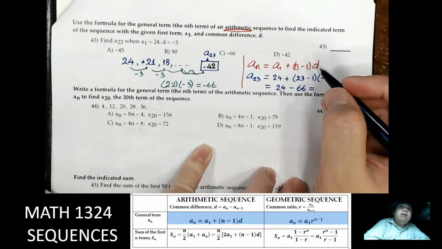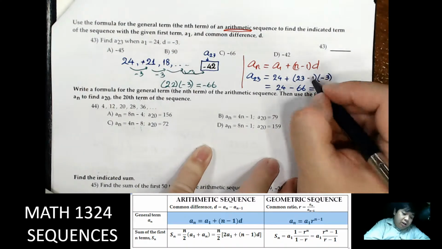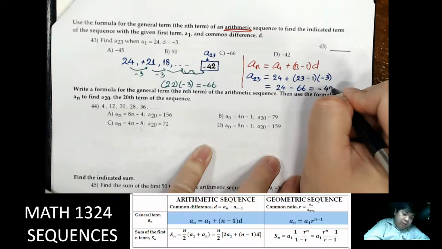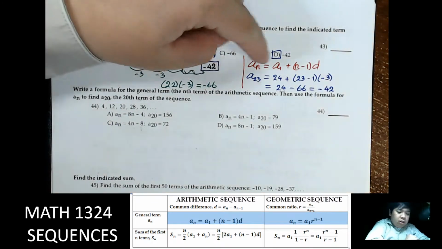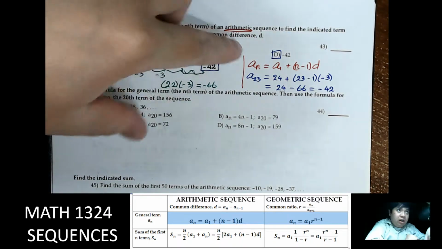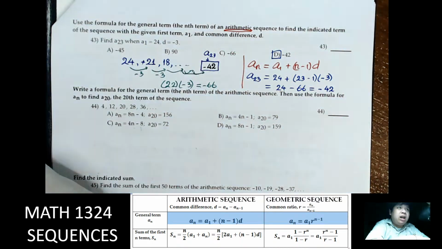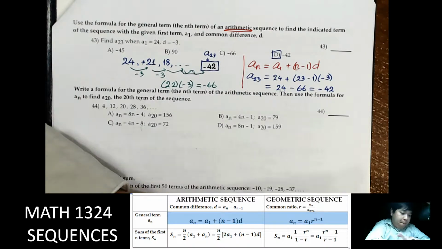And we have the same thing, negative 42. So either we use the formula or we just use reasoning. Good reasoning, we can find that. Should be easily done.